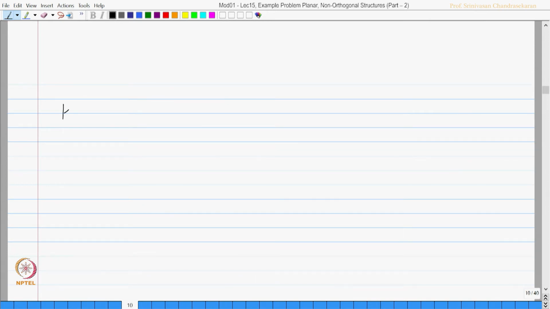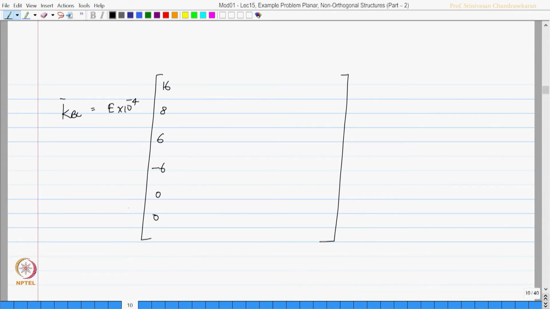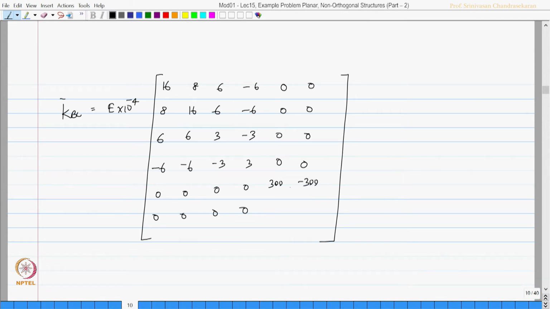Let us do it for k bar BC, which will be E 10 power minus 4: 16, 8, 6, minus 6, 0, 0; 8, 16, 6, minus 6, 0, 0; 6, 6, 3, minus 3, 0, 0; minus 6, minus 6, minus 3, 3, 0, 0; and then 300 and minus 300.